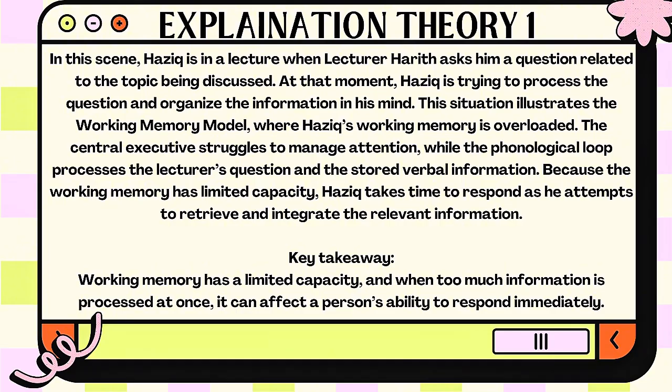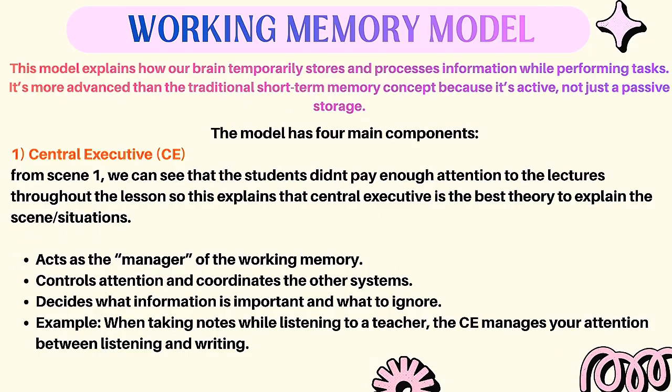Because the working memory has limited capacity, Haziq takes time to respond as he attempts to retrieve and integrate the relevant information. And the key takeaway right here is working memory has limited capacity, and when too much information is processed at once, it can affect a person's ability to respond immediately.